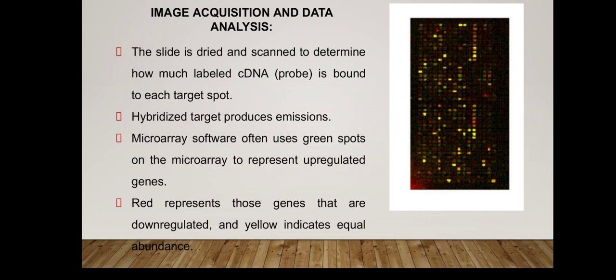This step involves using specialized software to quantify gene expression, identify differentially expressed genes, and interpret the biological significance. The resulting data can provide insight into gene function, regulation, and potential therapeutic targets.